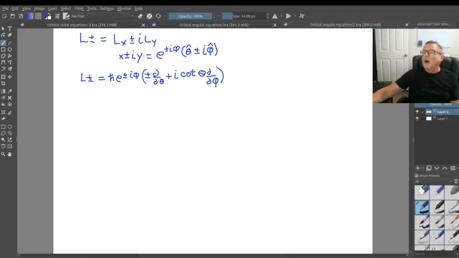The y becomes the phi type thing and the x becomes the delta type thing. So this all coordinates into this final form of h bar e to the plus or minus i phi, plus or minus the first partial with respect to theta plus i cotangent theta first partial with respect to phi.